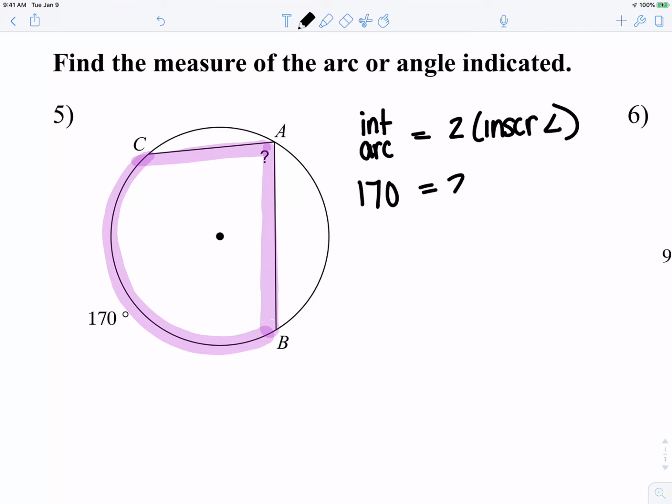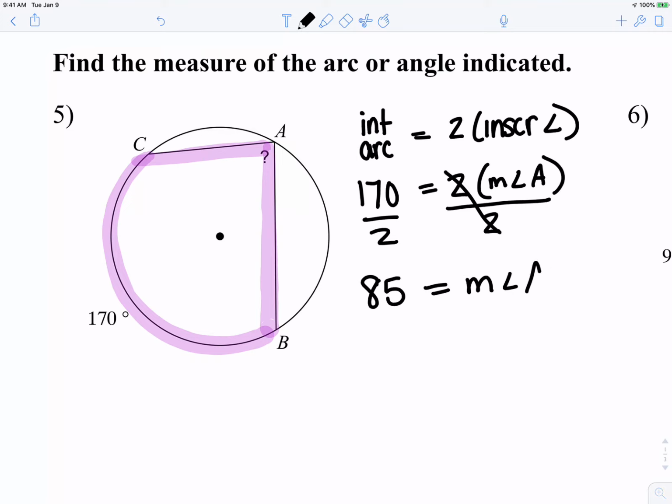So that's equal to 2 times the measure of angle A, which is the inscribed angle, angle A. All right, so if I divide both sides of this equation by 2, then I get 100, just kidding, 85 equals the measure of angle A. So this is 85, half of 170.